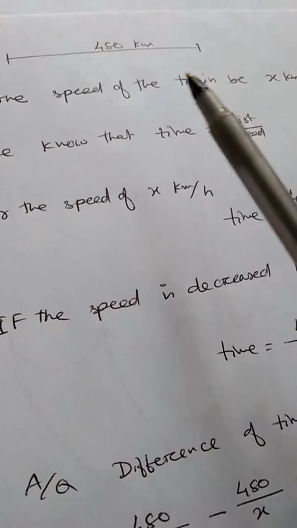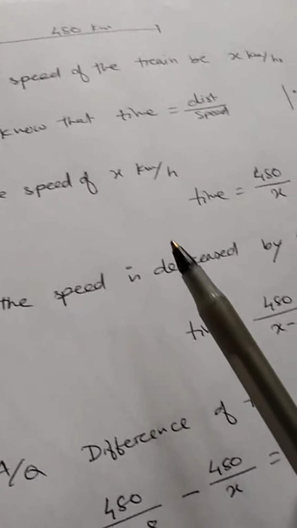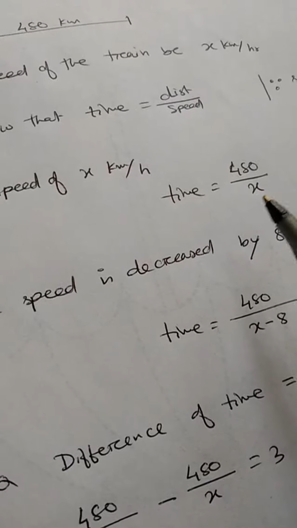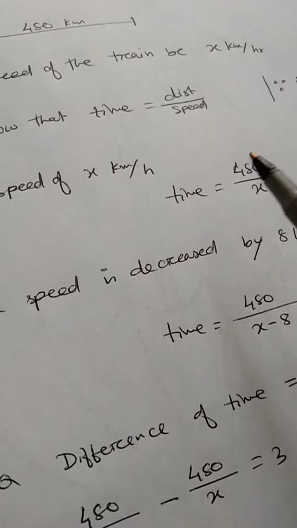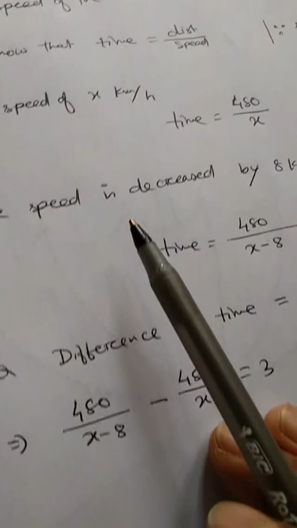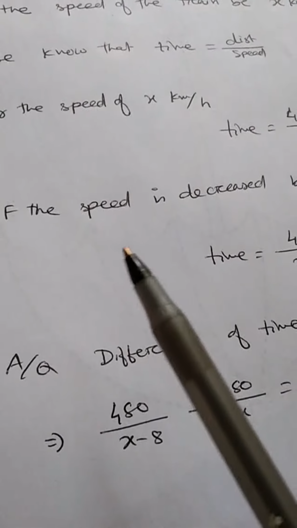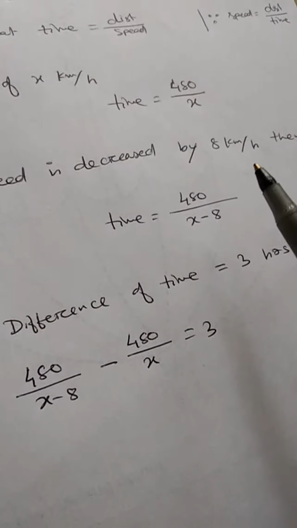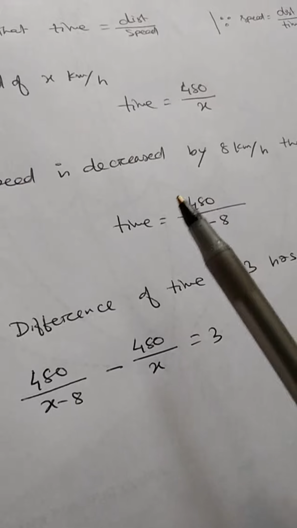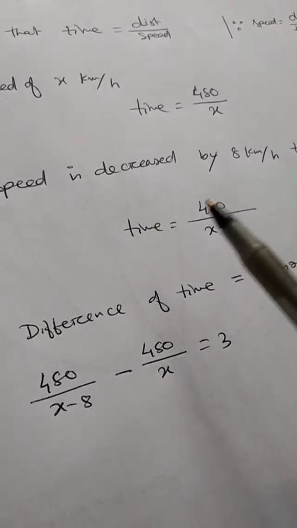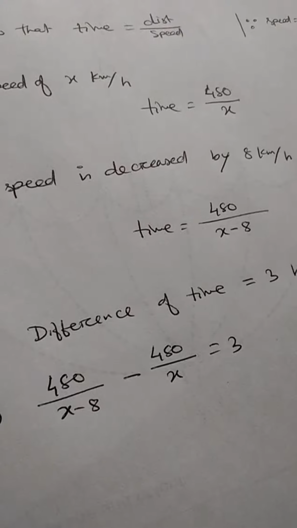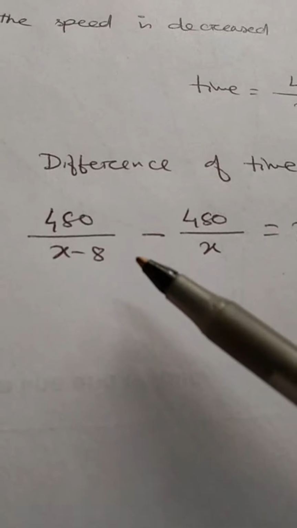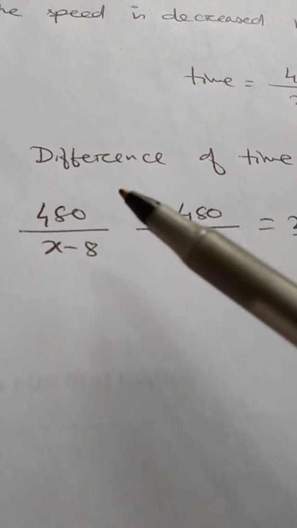Here the distance is 480 kilometer, so the time will be 480 by the speed that we have assumed. And next, as per the question, the speed is decreased by 8 km per hour. So the new time will be 480 by x minus 8. As the speed is decreased, it will take more time.